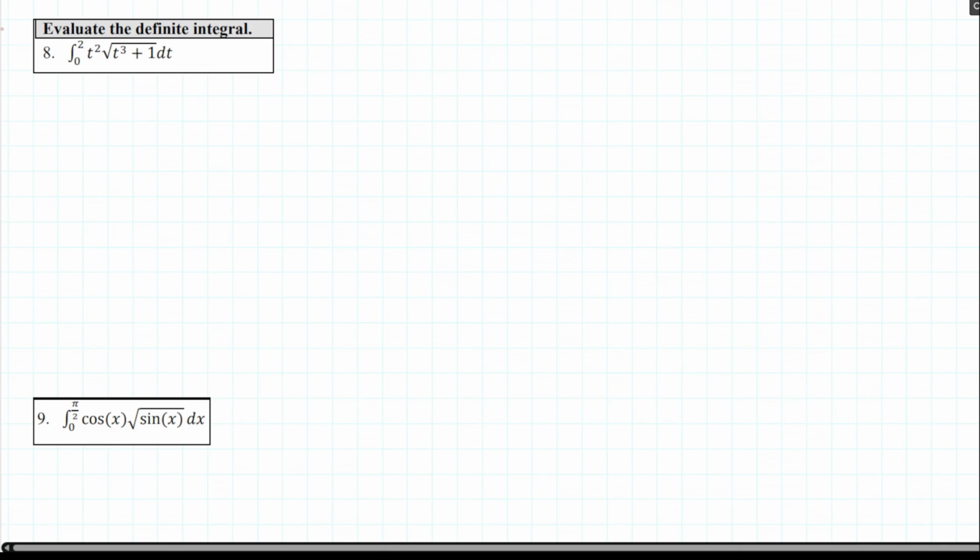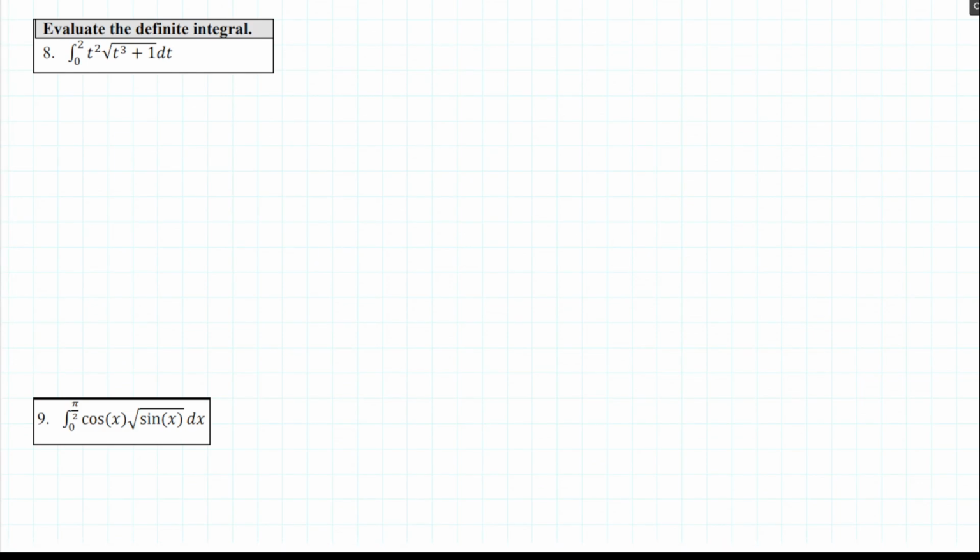Evaluate the definite integral. So here you can see this is a definite integral, and the derivative of this inner function is available outside. So you can choose u equal to t cube plus 1, then du equals, so t cube's derivative is 3t square and the constant's derivative is 0, that is 3t square dt, and dt equals du over 3t square.